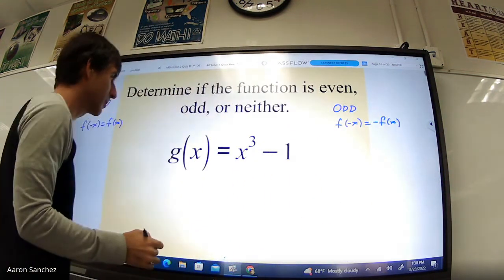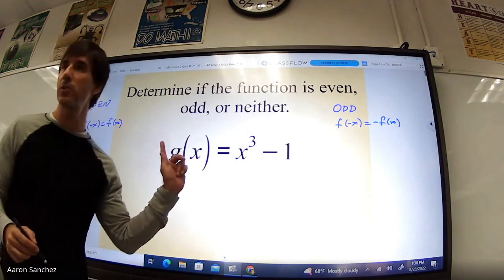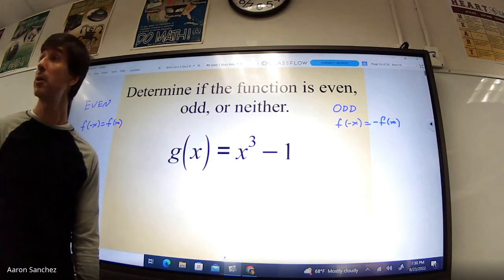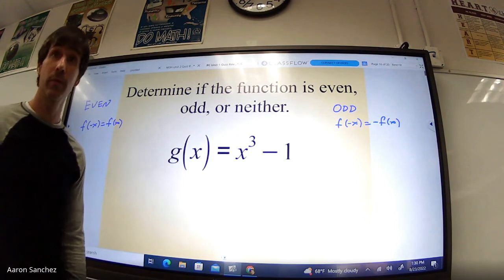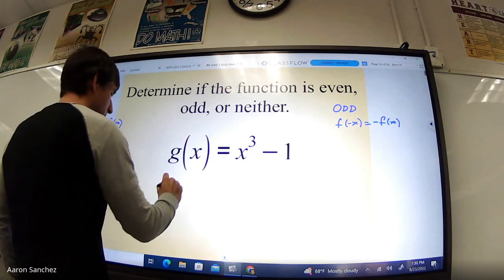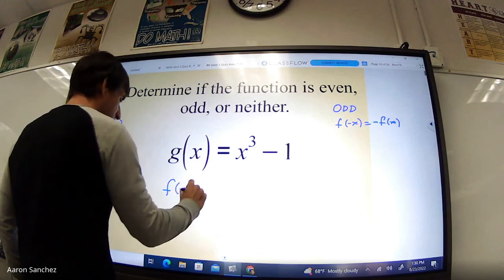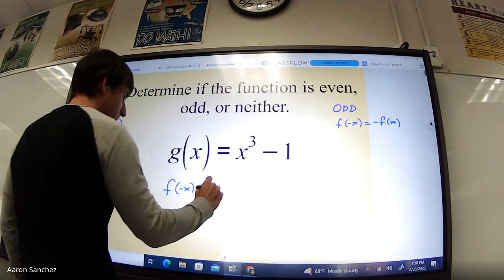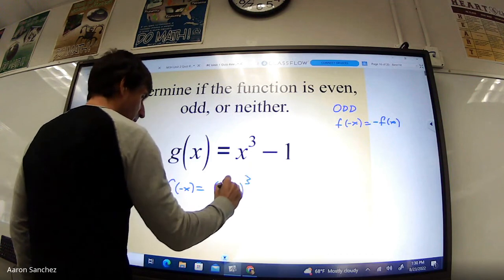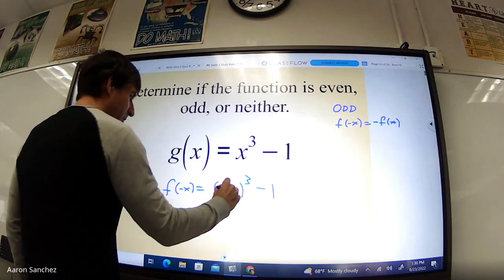Well, what does that mean? If you saw this, if you were to guess on the test, what would you guess this is? Odd. Let's do it. Why? Odd, no parentheses. f of negative x equals, instead of x, I put a negative x.